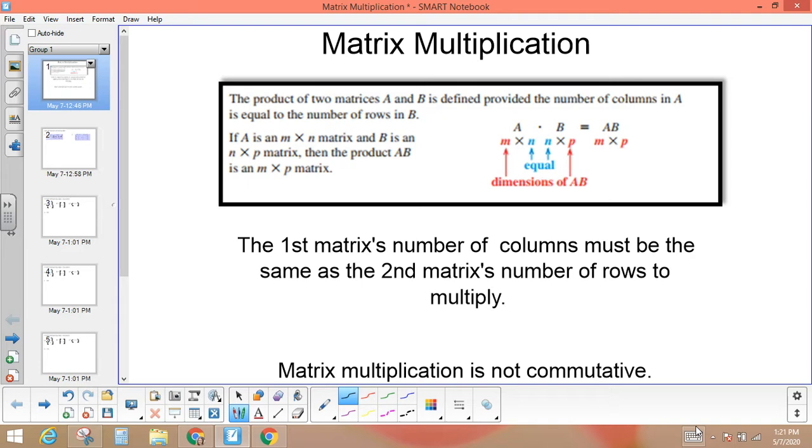What you're going to do is look at the dimensions of your two matrices, and when you write out those dimensions, like if you look right here, if I write out the dimensions of matrix A and the dimensions of matrix B, then these inside numbers, which would be the columns of the first one and the rows of the second one, have to be the same because of the way that we multiply. And then we get an answer that is these outside numbers, so the rows of the first one and the columns of the second one.